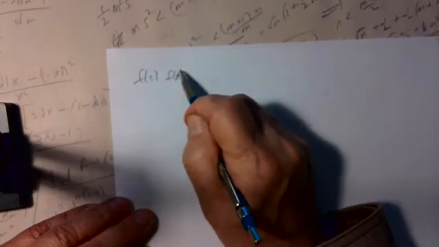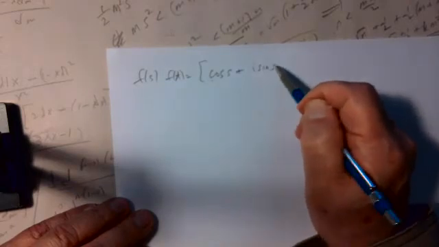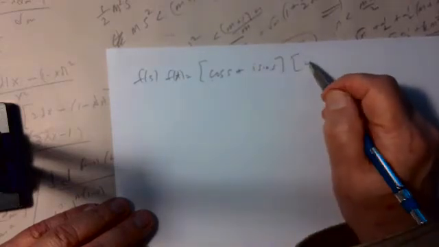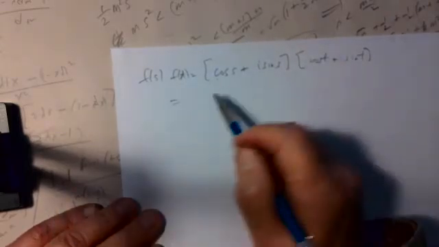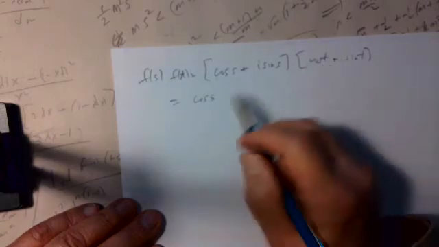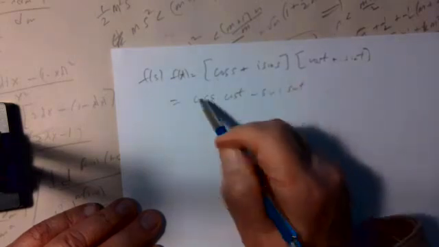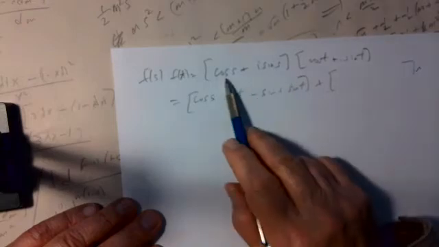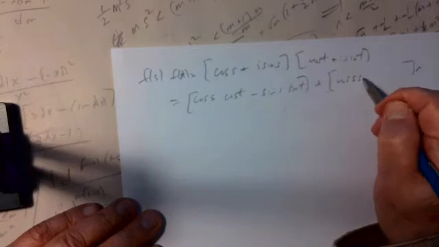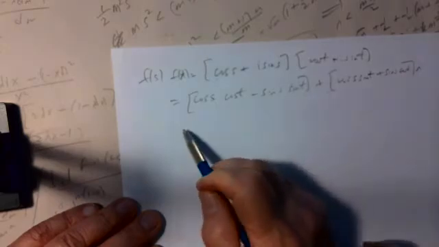What is f of s times f of t? f of s is cosine s plus i sine s, and f of t is cosine t plus i sine t. If you multiply complex numbers correctly, you get cosine s cosine t minus sine s sine t, that's the real part, plus something times i, cosine s sine t plus sine s cosine t.